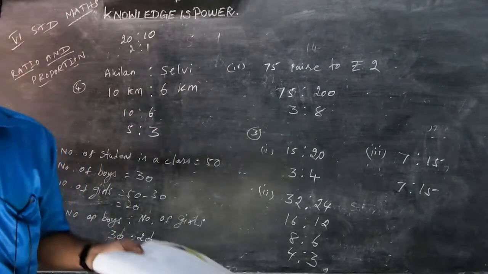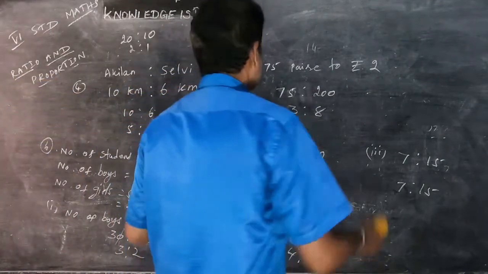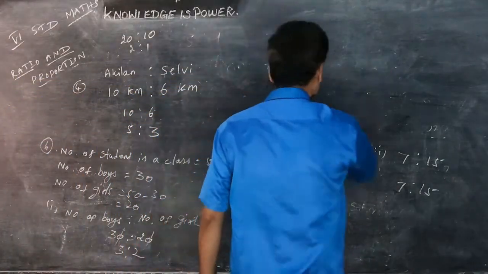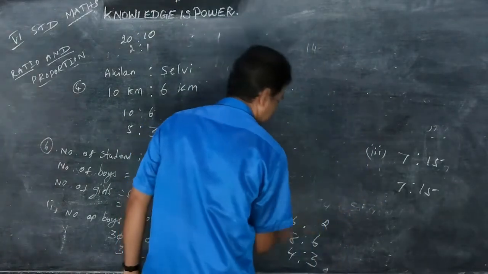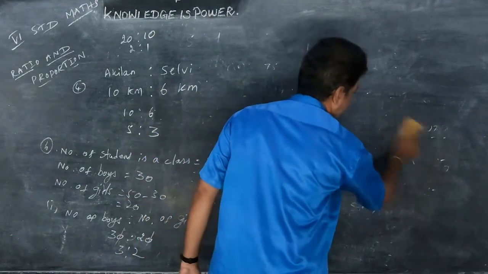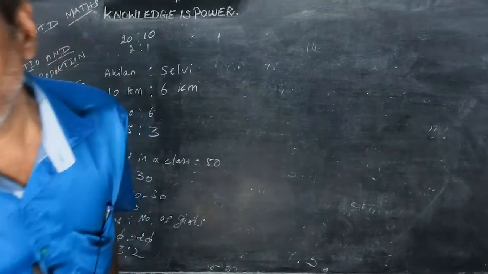See the second one. Number of girls to the total number of students. Already we found the number of girls.